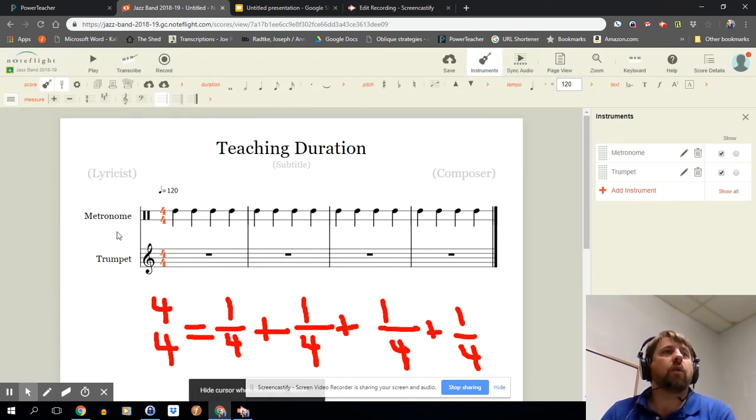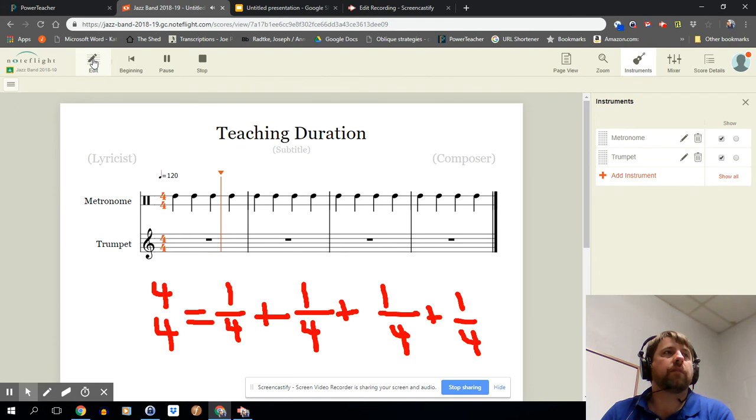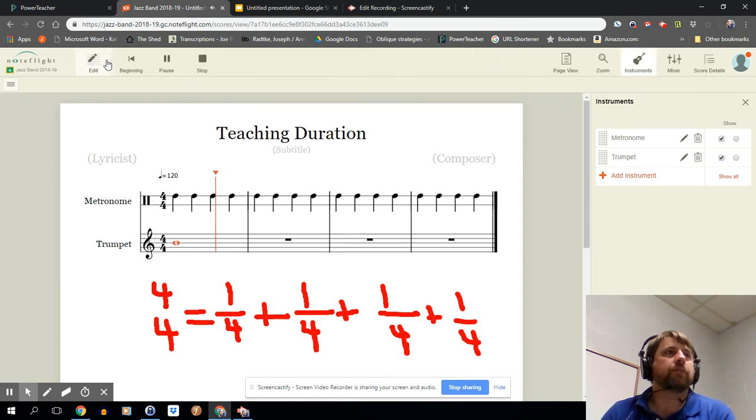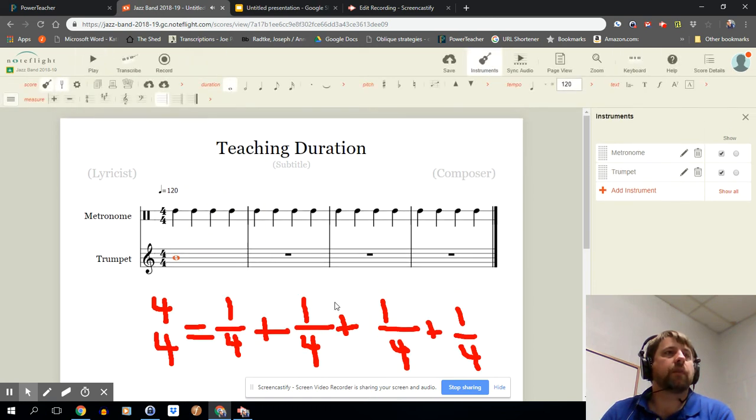All right, so what I've set up here is a metronome, so we'll hear it. Okay, now what I'm going to do is I'm going to add a whole note. Okay, now one whole note will last all 4 of those beats. Okay. So duration, that one note lasts for 4 of those clicks.